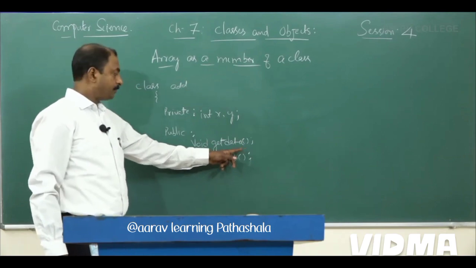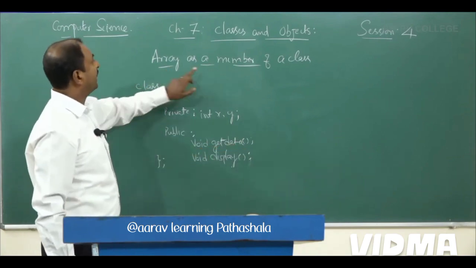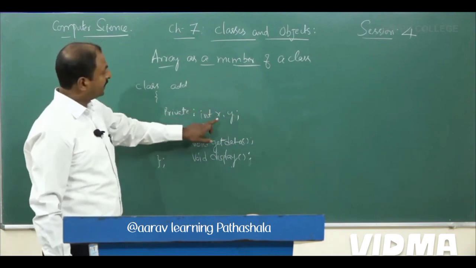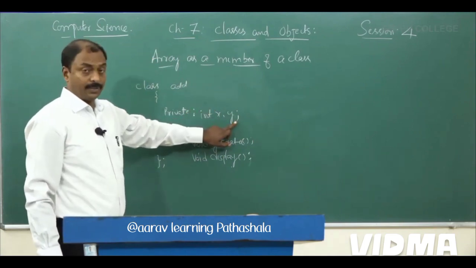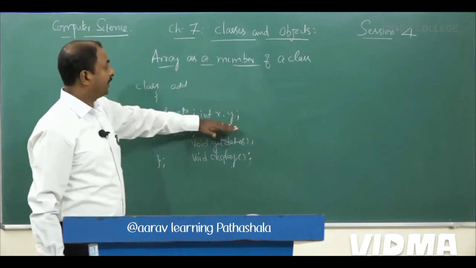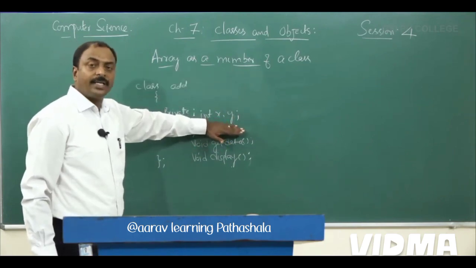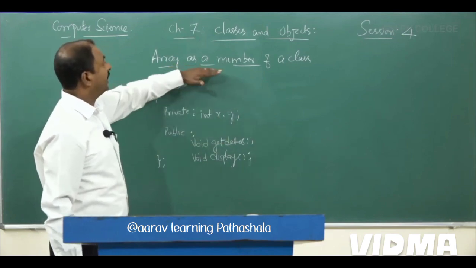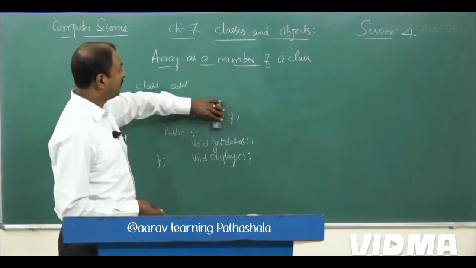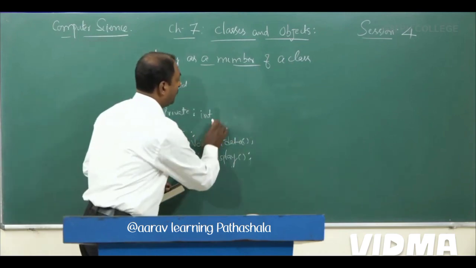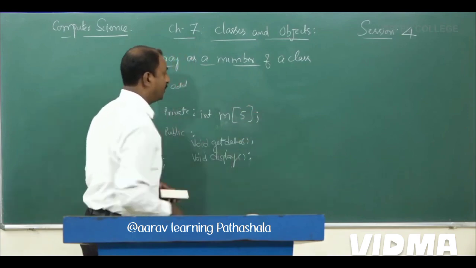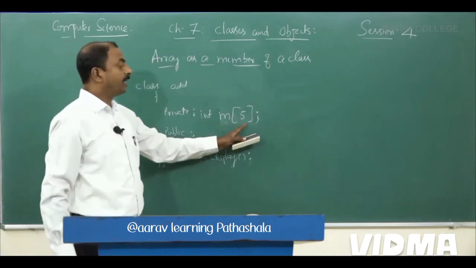And what is the meaning of array as a member of a class? In this example, we have declared x and y as data members. But if, in place of this, I declare an array, that is the meaning of array as a member of a class. For example, in its place, if I write int m of 5 and a semicolon. Now, you know what an array is from last year.